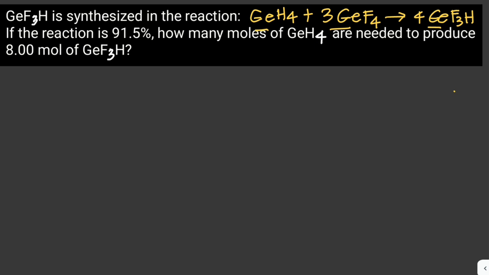If the reaction is 91.5%, how many moles of germanium hydride are needed to produce 8 moles of GeF3H? All right, so we're given here the percent yield, which is 91.5%.